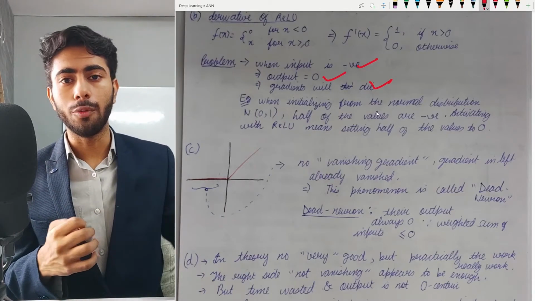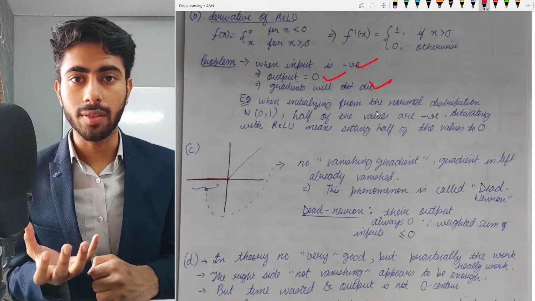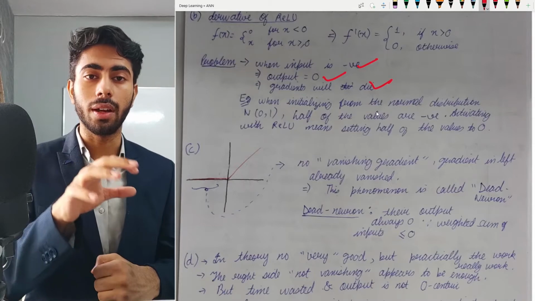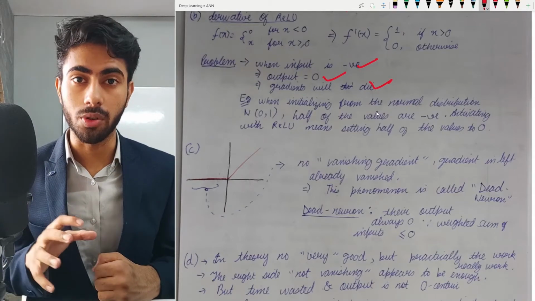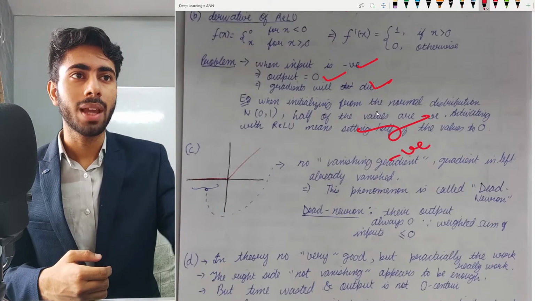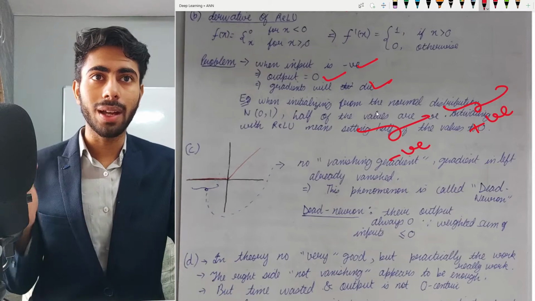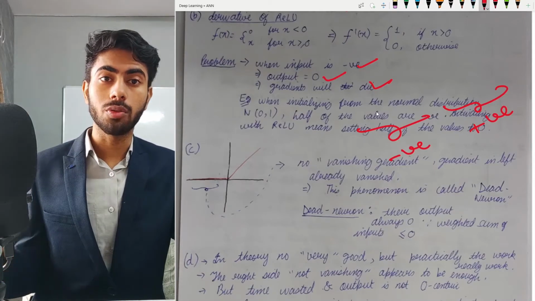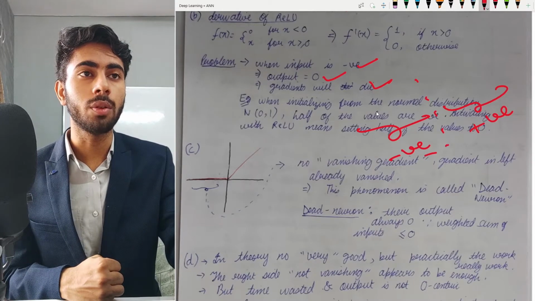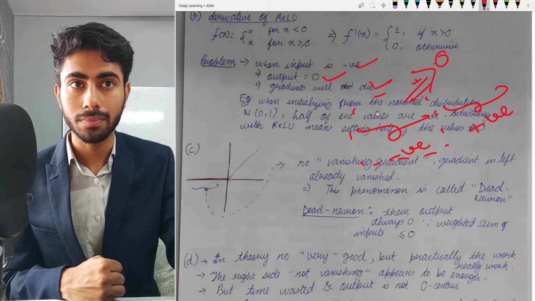For example, while training our neural networks, we are initializing our weights from the normal distribution. This means that half of the values will be negative and half of the values will be positive. So when I pass these inputs to our ReLU activation function, half of the outputs are going to be 0, because the weights are negative here.